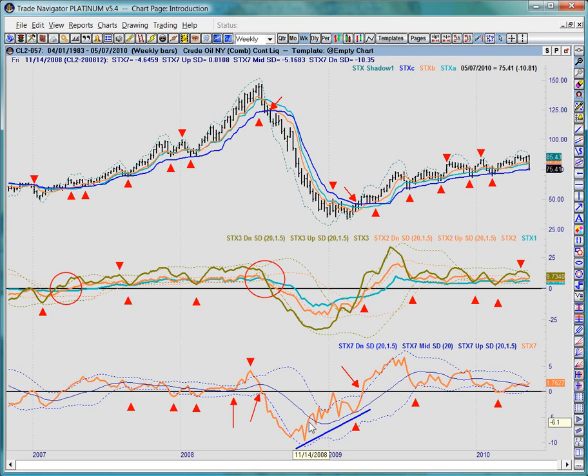And oftentimes what will happen is at a major important low, you'll see the STX7 cross from below to above its moving average and make another return to the moving average right here, for instance, signifying that we may be setting up a significant bottom.